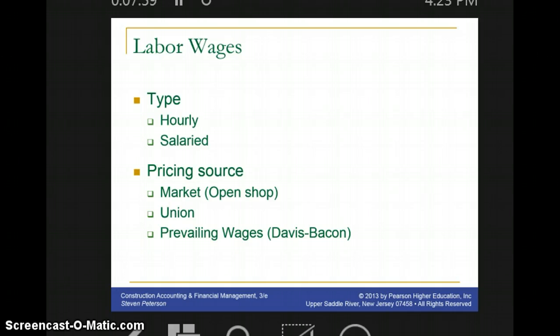These prevailing wages are established by the Department of Labor of each state, and this is public information that can be accessed easily through each state's Department of Labor.